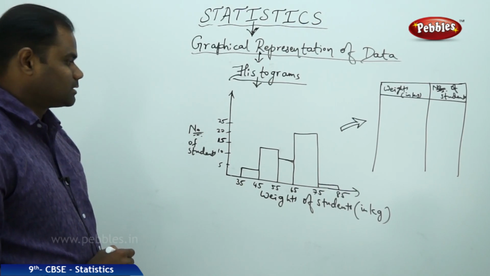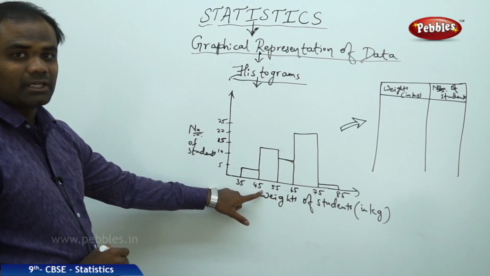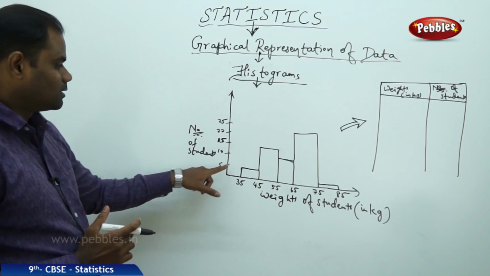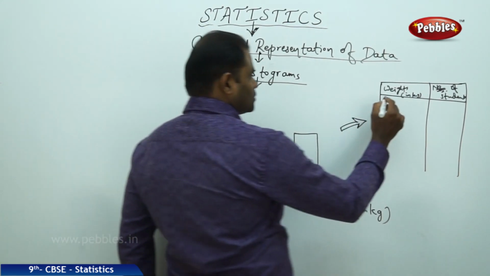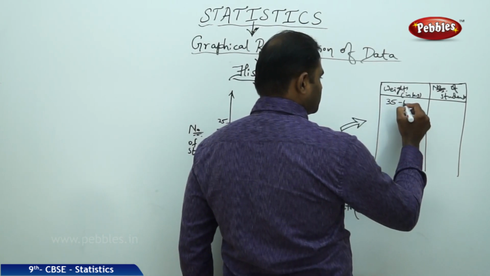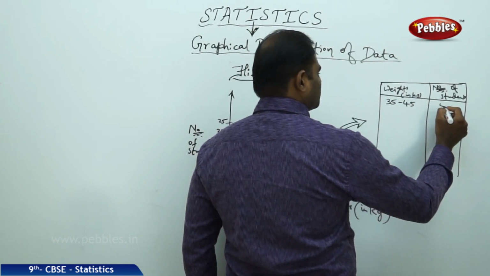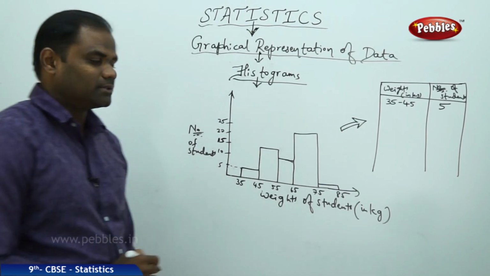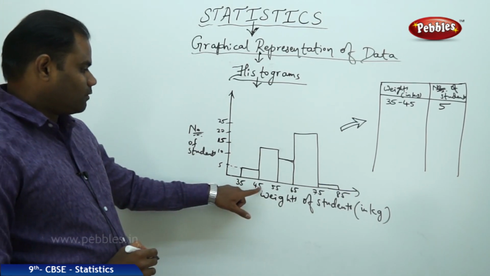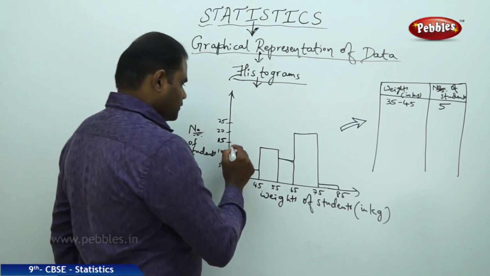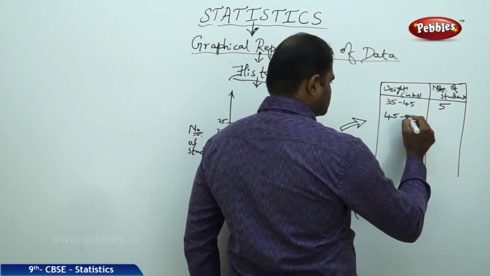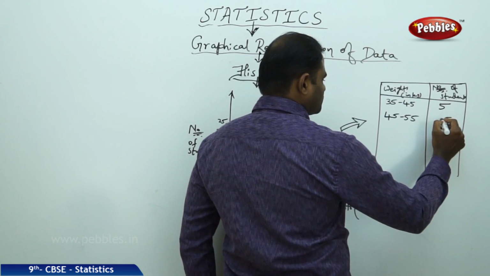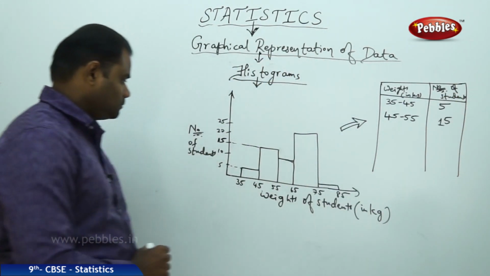I clearly see that 35 to 45 kg range gives me 5 students who lie in this range. So the students who weigh between 35 to 45, there are 5 students lying between that weight. 45 to 55, there are 15 students who lie in this range.